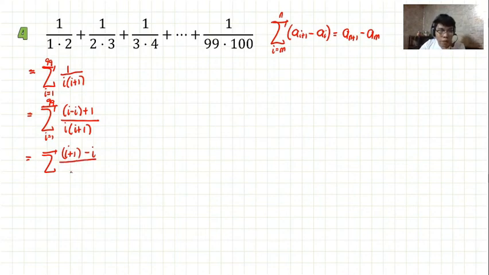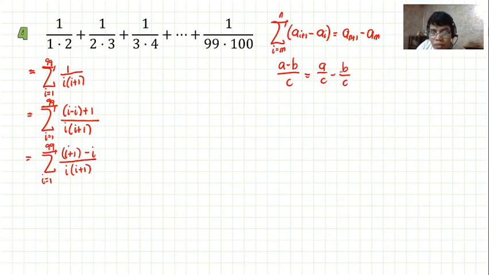All over i times i plus 1, i is from 1 to 99. Right? Next, take note that if you have a fraction a minus b over c, this is just the same as a over c minus b over c, right?